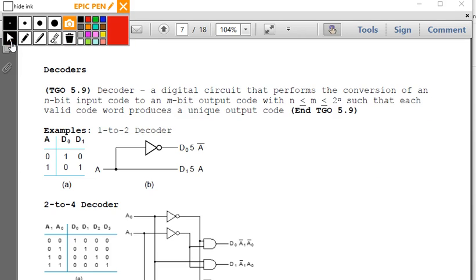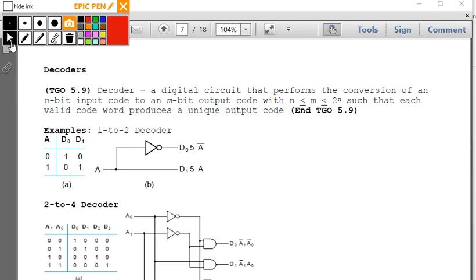And for example, just a simple 1 to 2 decoder, if A is 0, here's what's going to happen. When A is 0, it's going to get inverted, and this output's going to be 1, and then this output's going to be 0. So you're going to get 0, 1.